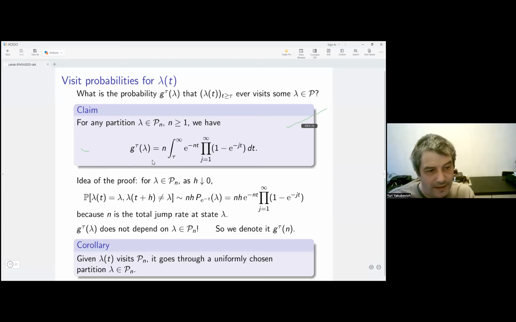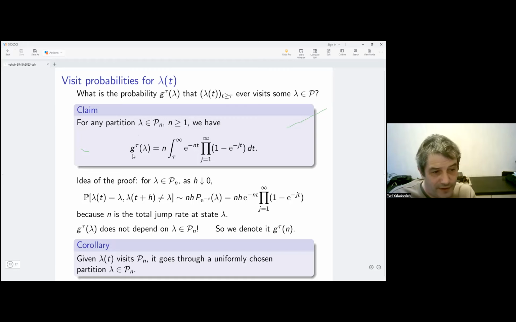So the probability to visit some partition will actually be comprised of two probabilities: first we visit this level, and then on this level we visit this specific partition lambda.